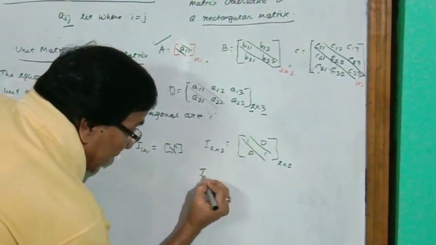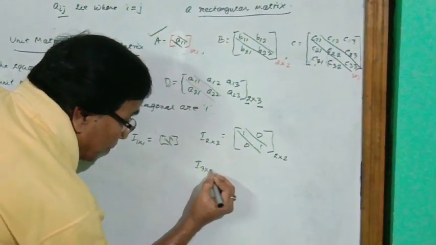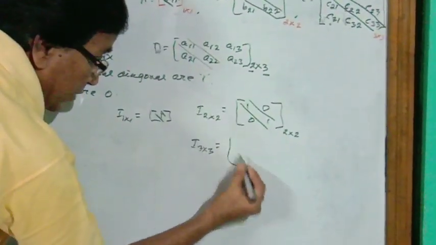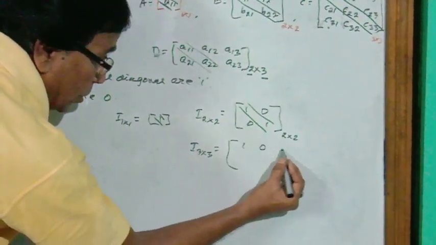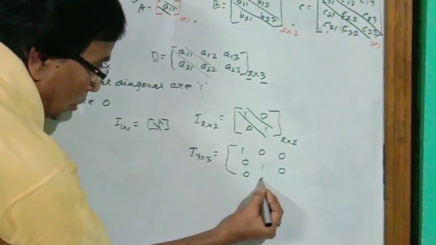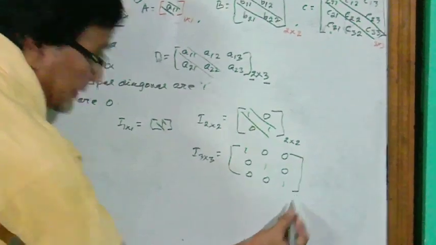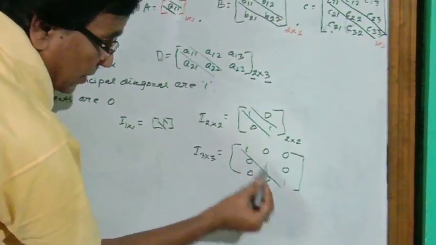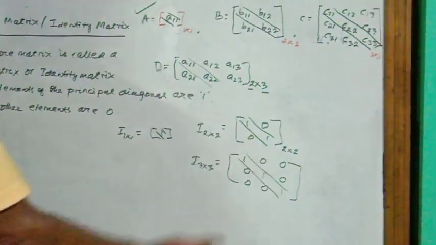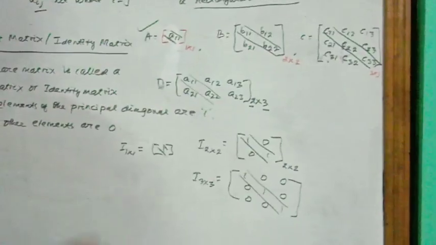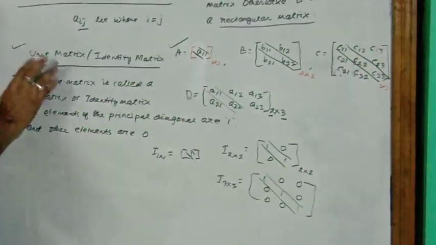Again similarly, an identity matrix of order 3 cross 3 is 1 0 0 0 1 0 0 0 1, because the elements of the principal diagonal are 1 and other elements are 0.